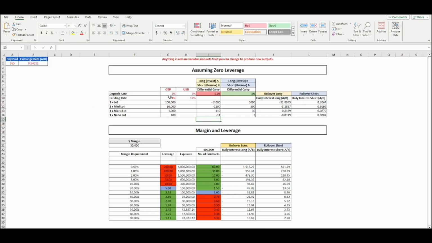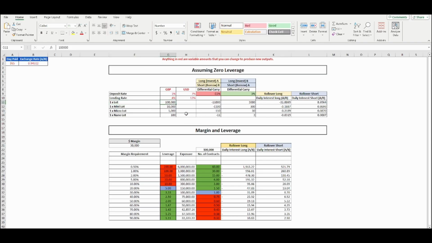So when you close your position, someone else is essentially covering that position. So the position that you lent, they are now acquiring that specific asset at a different interest rate and exchange rate. Now beneath the deposit and lending rate are the different lots. In this video, I will mainly be talking about standard lots.